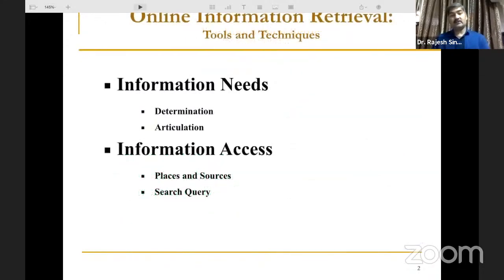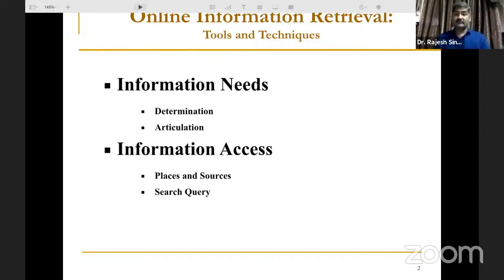When I'm talking about information retrieval, two important aspects are related to this. I relate this lecture to the morning inaugural session where I said that information need and information access are two important aspects of digital information which is available to us today in plenty, right?